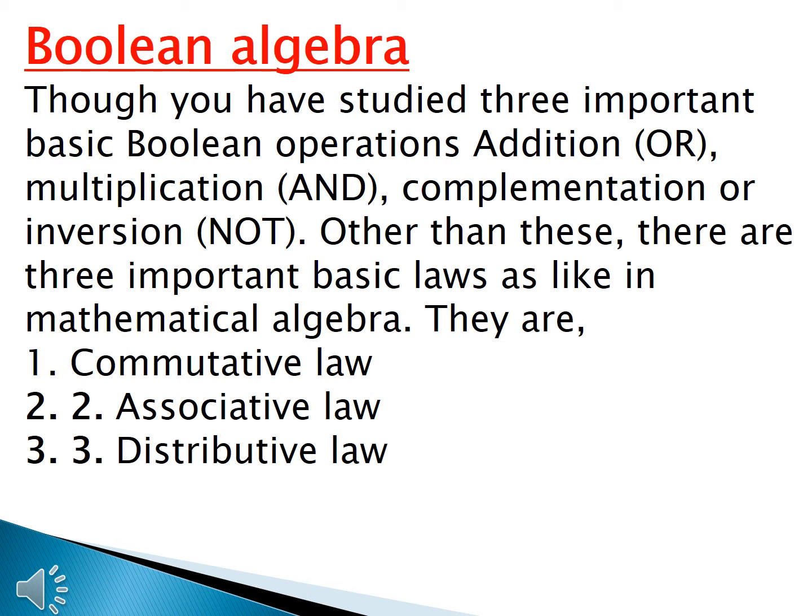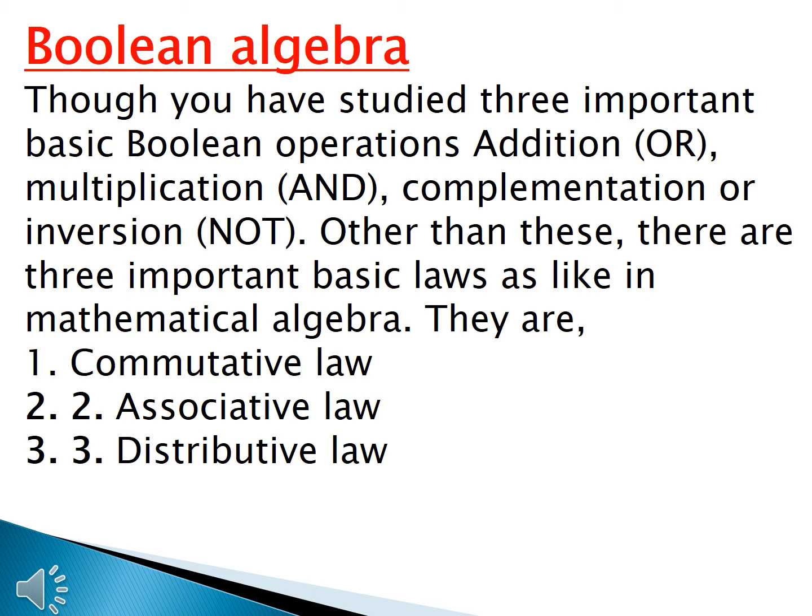These laws of addition and multiplication for three variables are written algebraically. See this figure: A plus B plus C equals A plus B plus C. See the diagram. Okay, all of you take your note and write.